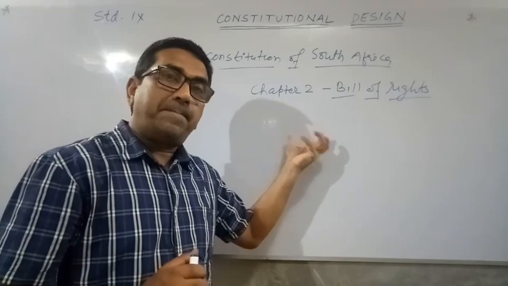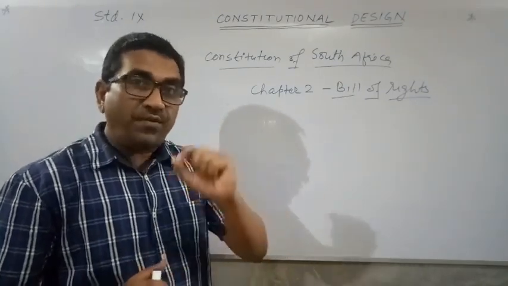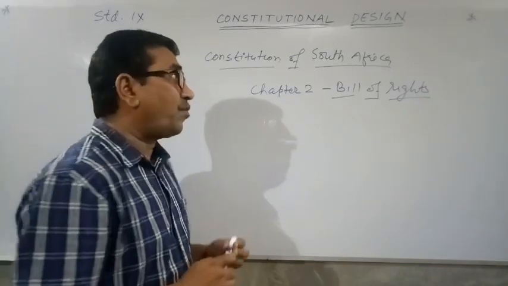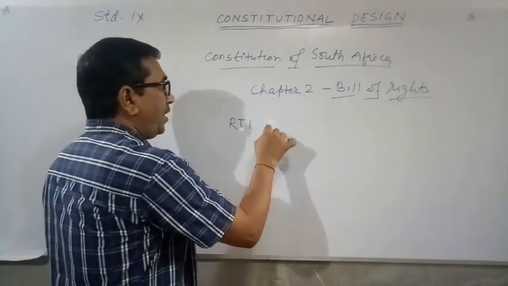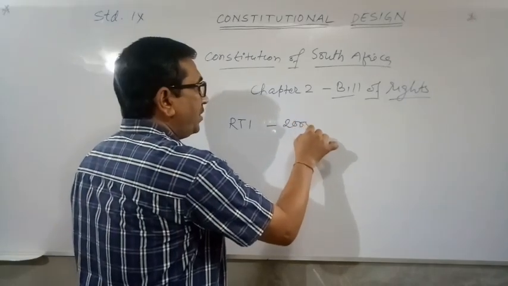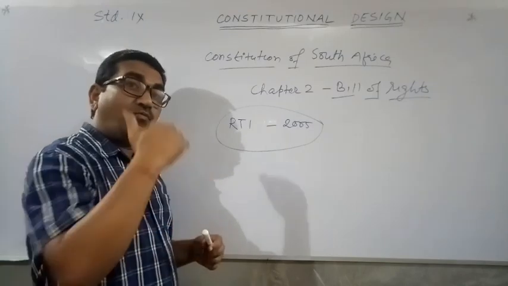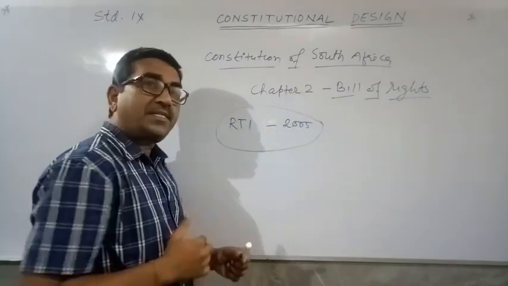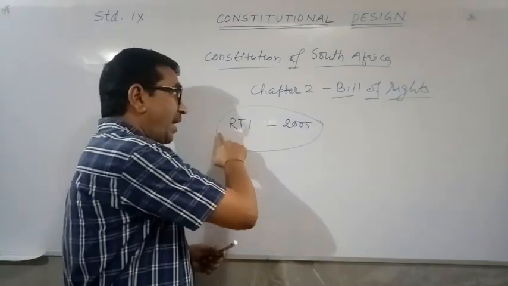Later we included right to information in our constitution, RTI, that is called, in 2005. This is the difference we see. How far ahead they are, 1997, and our constitution being the older one, we had added it.